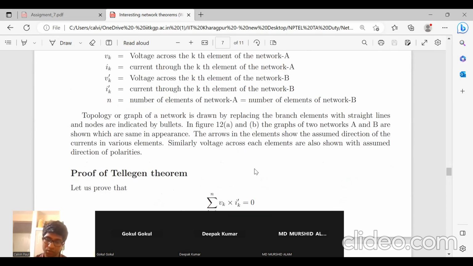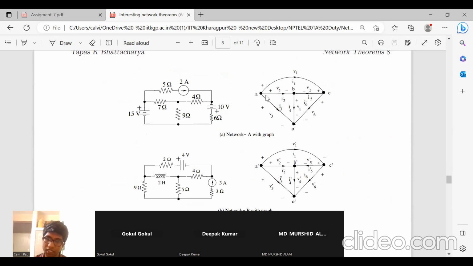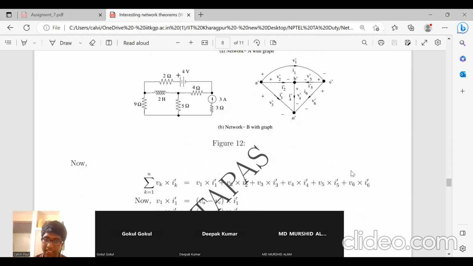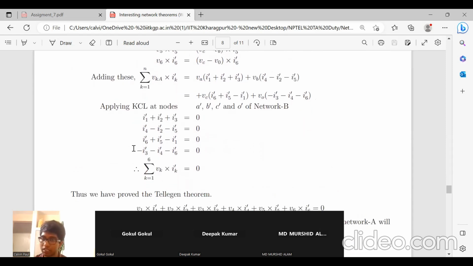According to that theorem, what it says is, if we multiply the voltage V1 into the current flowing through the other graph, I1 dash, similarly V2 into I2 dash, V3 into I3 dash, V4 into I4 dash, V5 into I5 dash, V6 into I6 dash, and add them, the resultant has to be 0. There's a proof, and this is known as Tellegen's theorem.